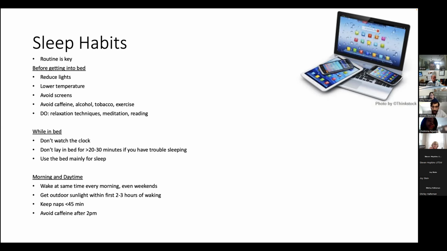In the morning, use the wake up time as your anchor for your body clock. So wake up at the same time every day as best you can, even on weekends. One of the first things you should do in the morning is get outside and get some sunlight, even if it's for a few minutes, 5 or 10 minutes.